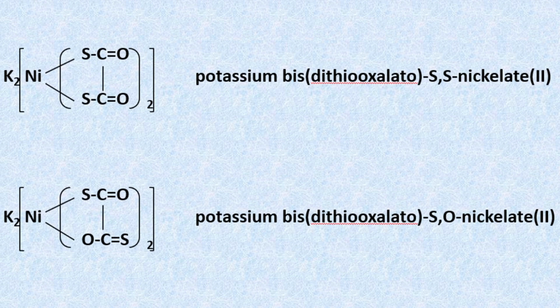In the first complex, both the sulfur atoms are involved in the bond formation. So, hyphen S comma S hyphen is written in the nomenclature, while in the second complex, one sulfur and one oxygen atom are involved. So, hyphen S comma O hyphen is written in the nomenclature.